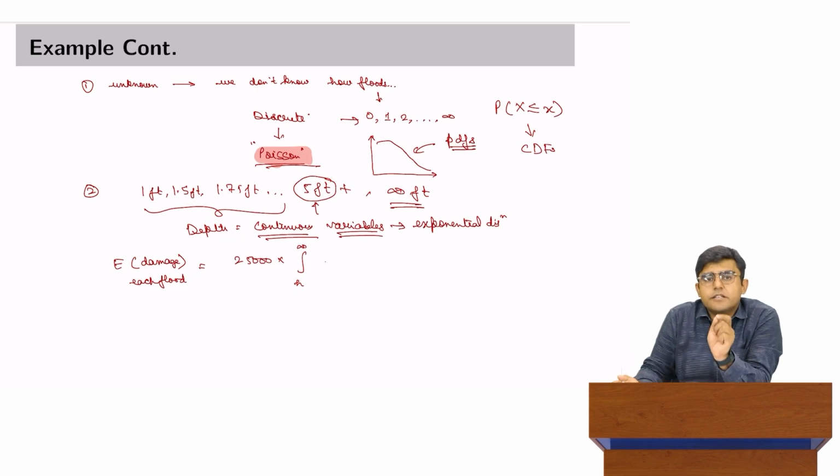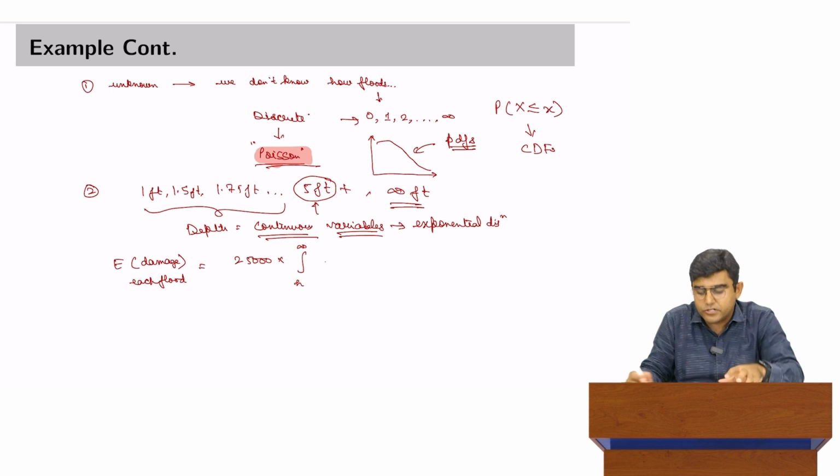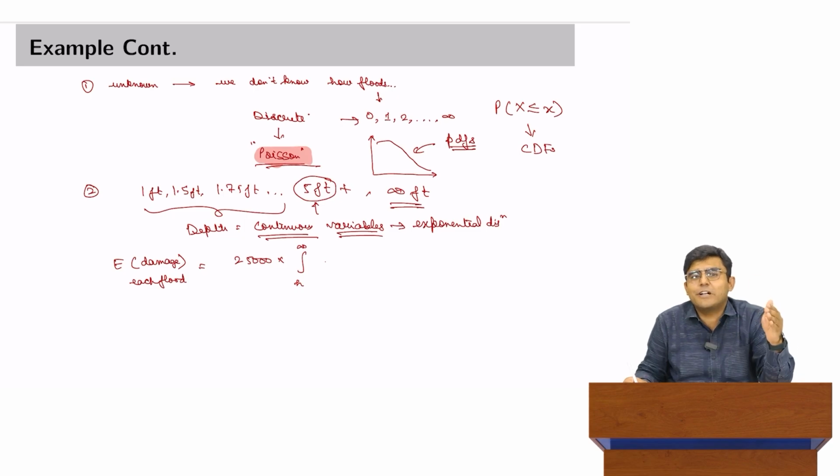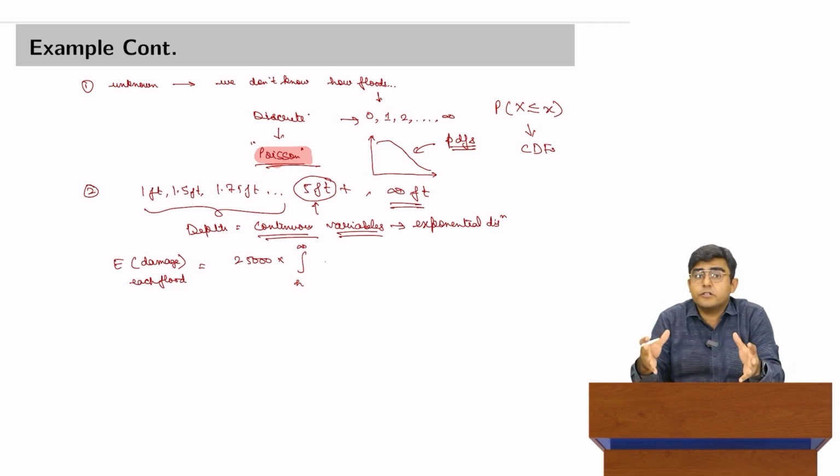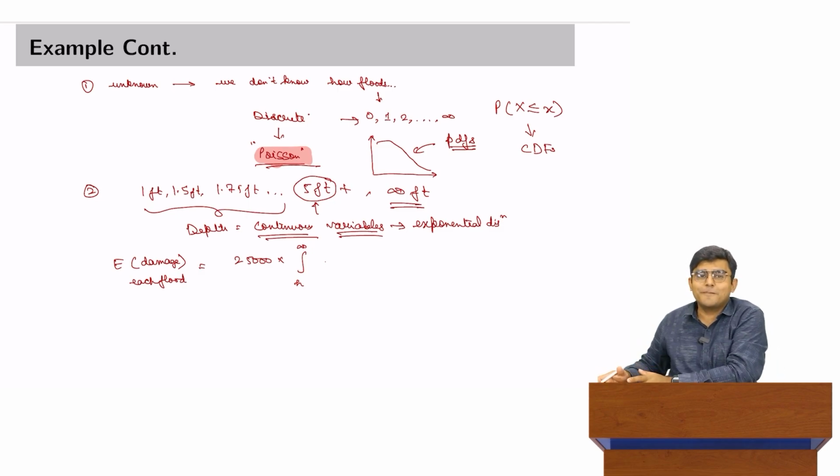So the range under consideration where flooding can happen inside my construction site would vary from h to infinity, not from 0 to infinity or from minus infinity to infinity, because anything greater than h is the flood event for me, because for that h I have already provided measures to adapt to that particular flood.